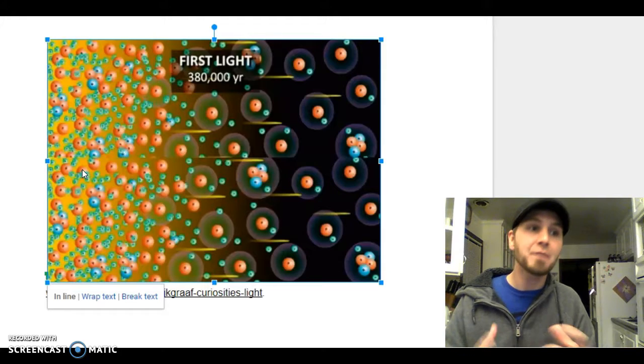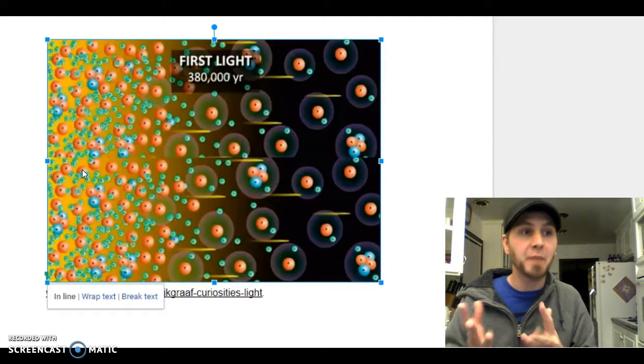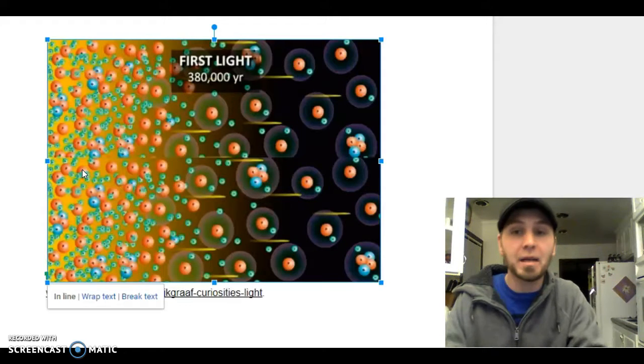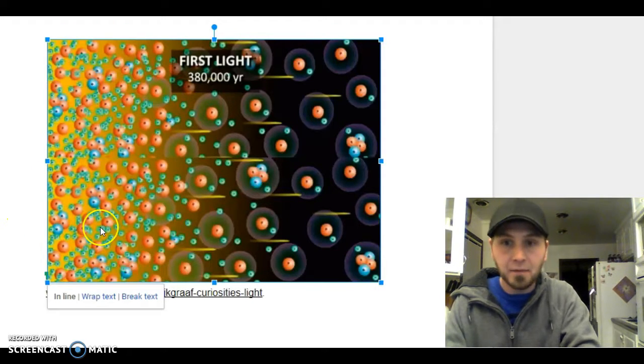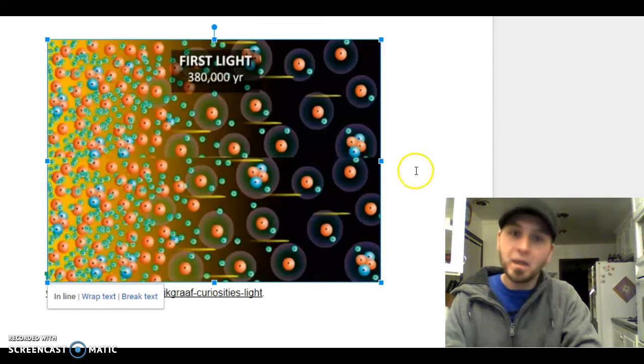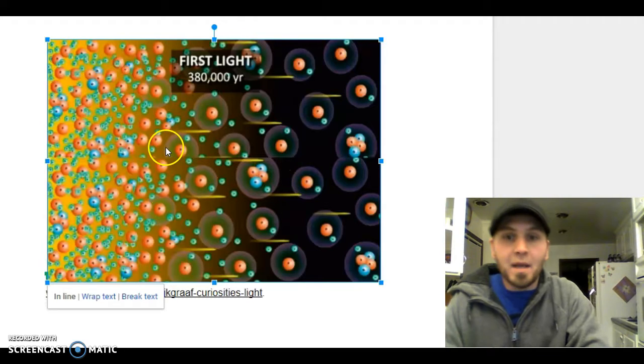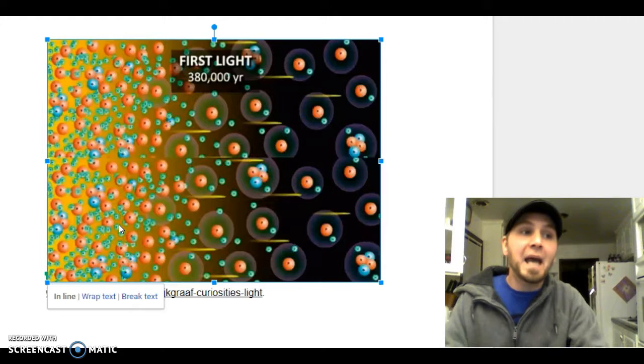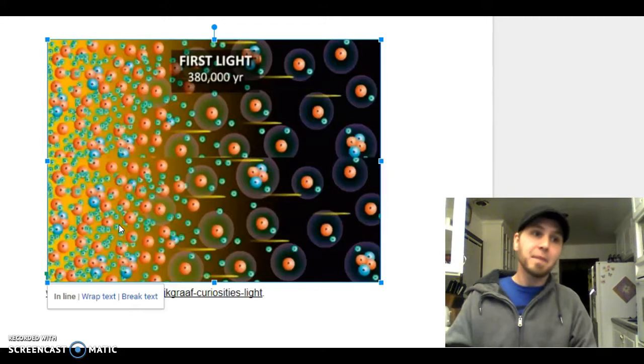So as things cooled off, the universe went from being opaque to transparent, and it was like billions of flashes going off in all directions. We have this cool picture that kind of shows the particle soup here, the formation, and the photons escaping. And the most amazing part is these photons are still around, and they are what make up the CMB.